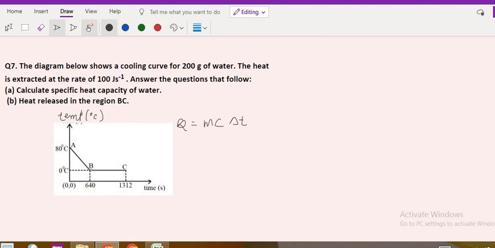And at point B, the time that it has taken is 640 seconds.